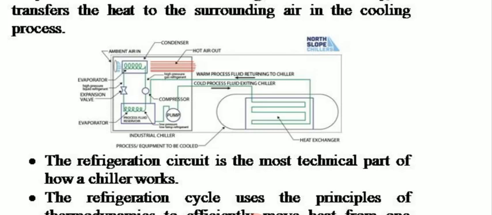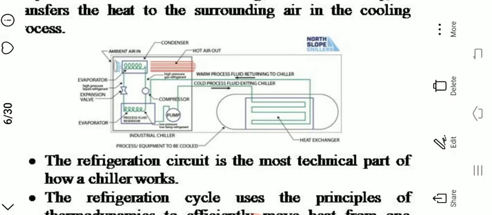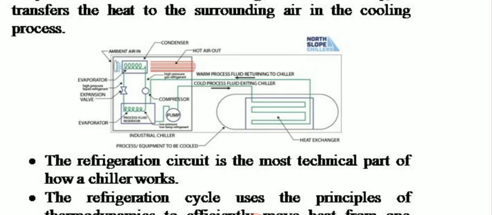The refrigeration cycle uses the principles of thermodynamics to efficiently move the heat from one area to another area. So in the case of chillers, heat is taken from the fluid being chilled and transferred to the air.